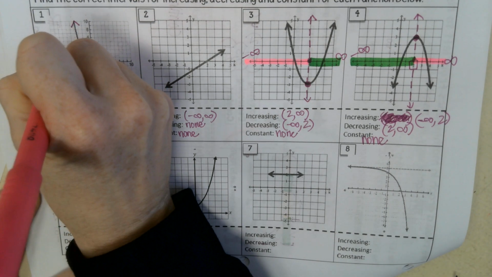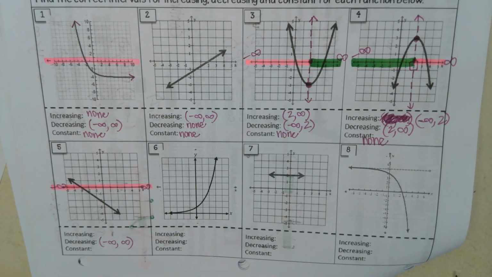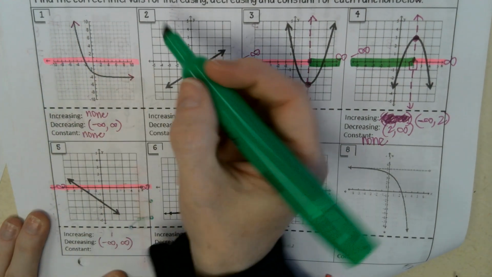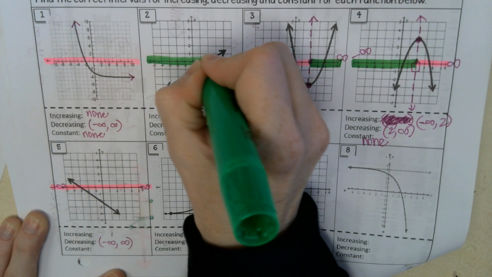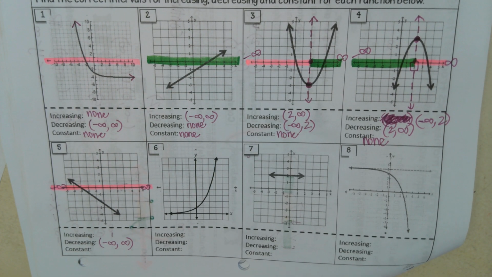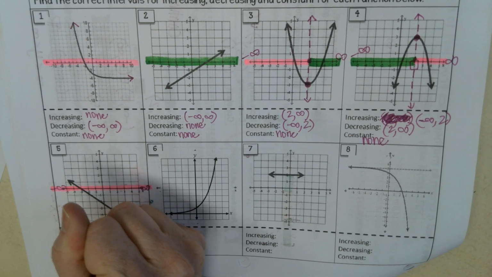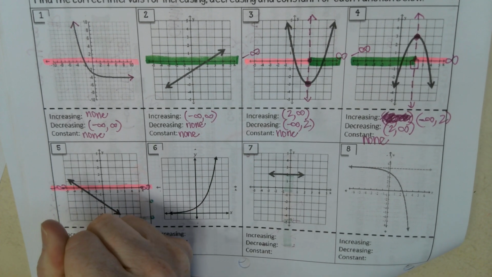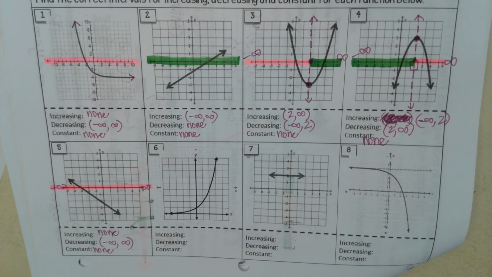Okay, I'm actually going to come up here and I'm going to highlight this one also, and I'm going to highlight this one being green on the x-axis. Okay? All right, on number 6, oh, I need to write none and none. Don't leave them blank because that tells me you didn't answer it, okay?